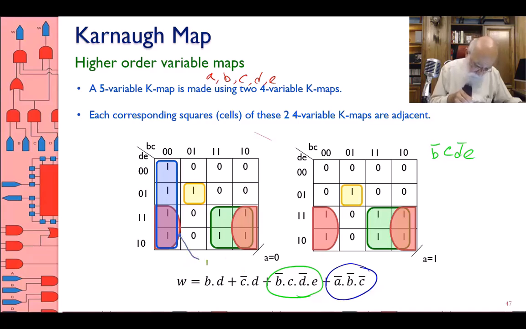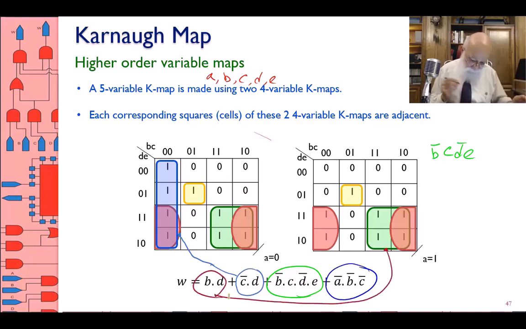This one is C bar D, which is this. Okay, and then I have this one, which is on the two sides is BD.